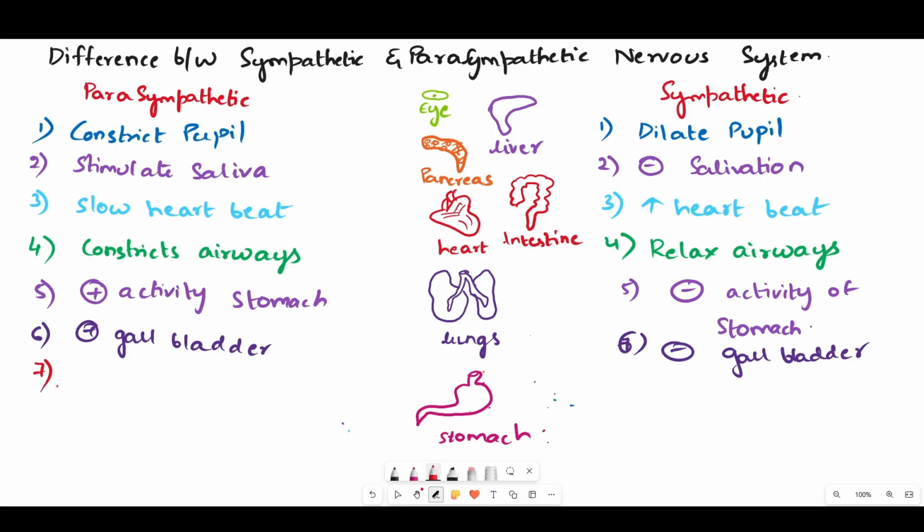So if it is the intestine, the parasympathetic system will be stimulating the activity of the intestine. The sympathetic nervous system will be inhibiting the activity of the intestine.